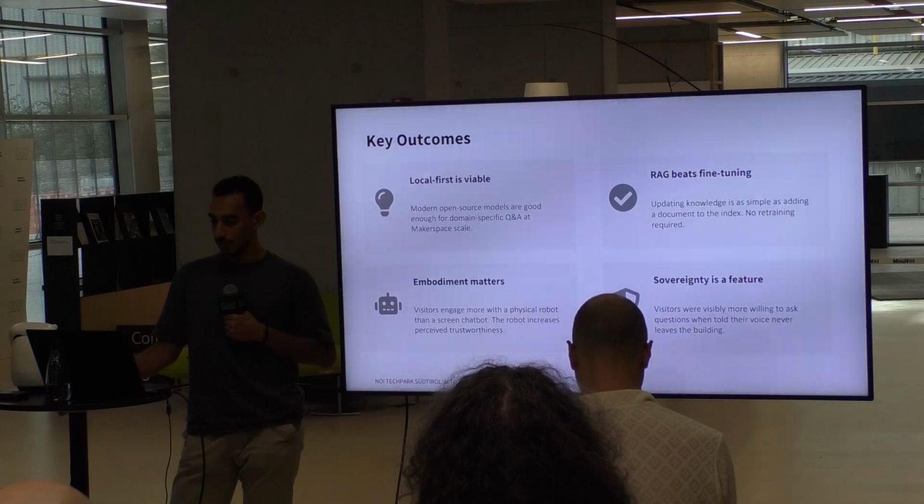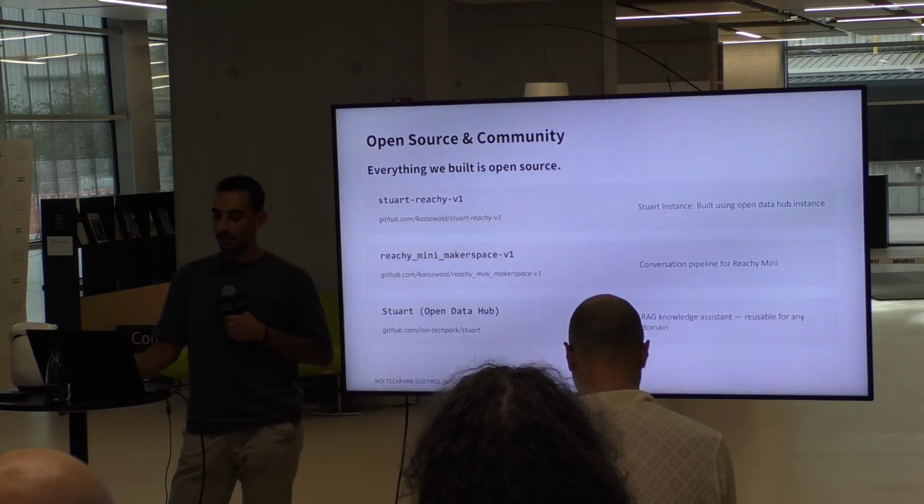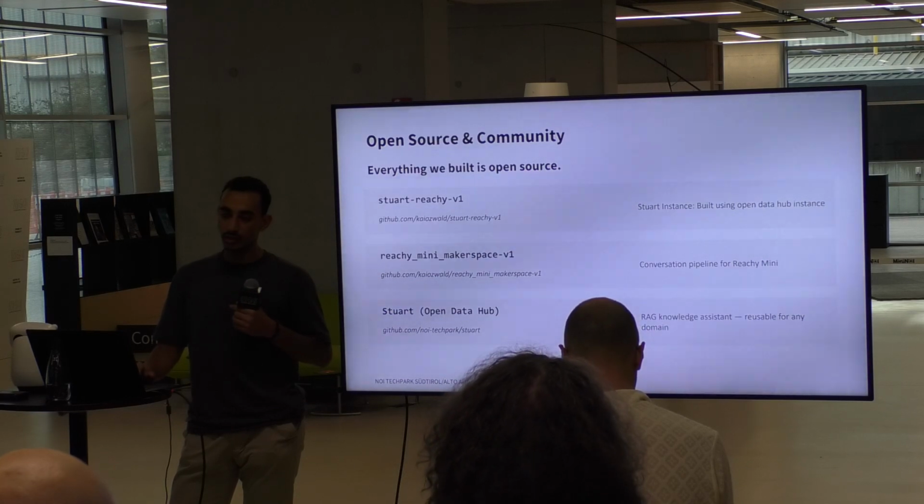And yeah, these were the main outcomes that we got from this project, connecting these two workflows. And as the message from NOI Park, everything is open source. So this project is open source. Related, the Stuart is open source.